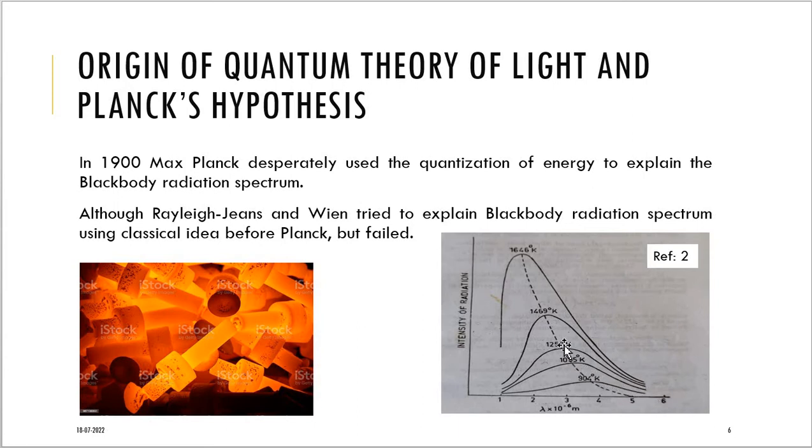As the temperature increases, the peak sharpens and shifts towards shorter wavelength. All these are experimental data, and Rayleigh and Jeans tried to fit their model to this experimental data, but they could not, because they tried with the classical theory of radiation.